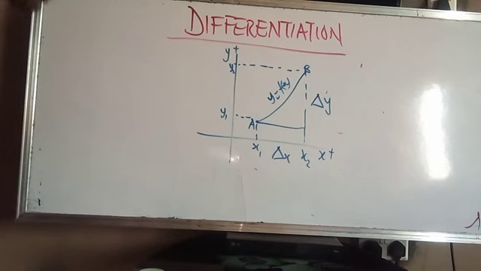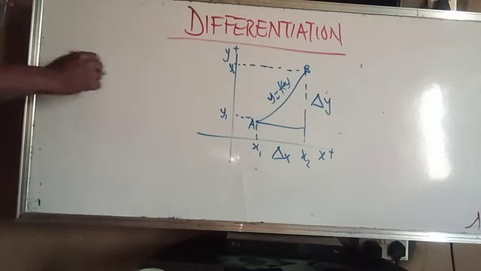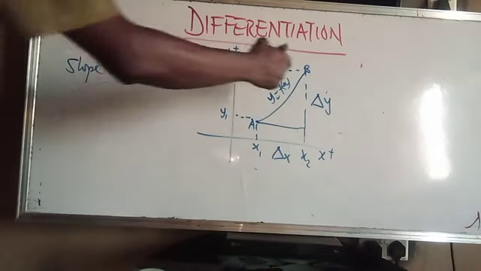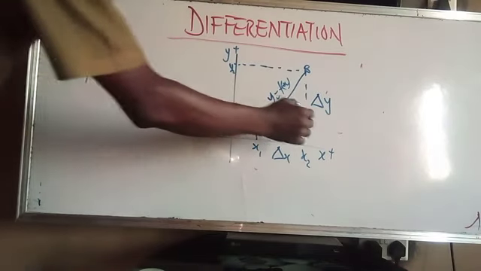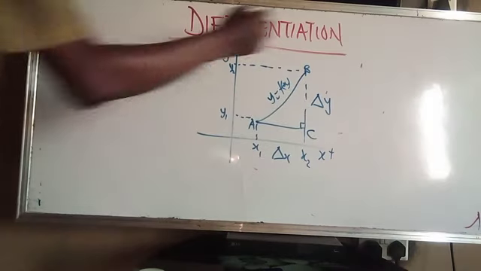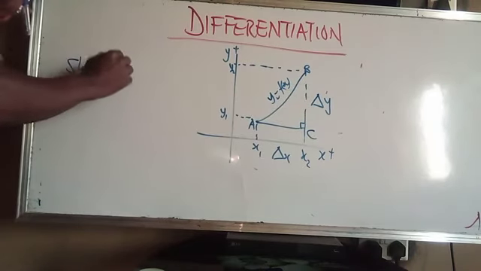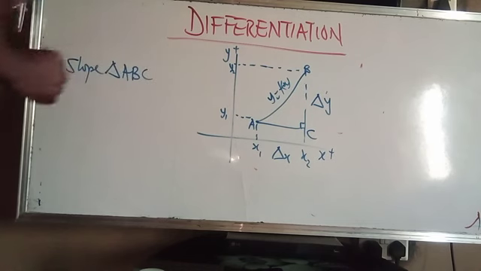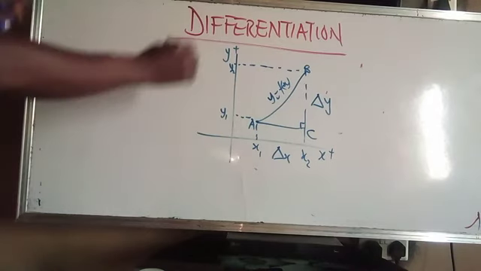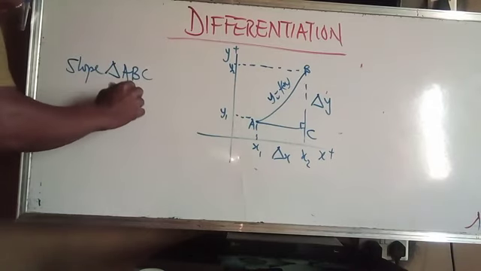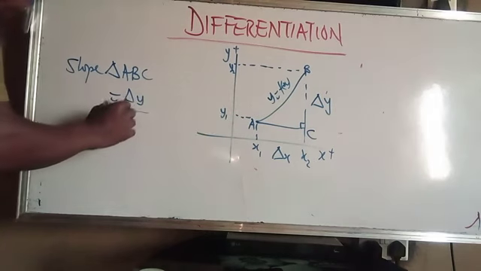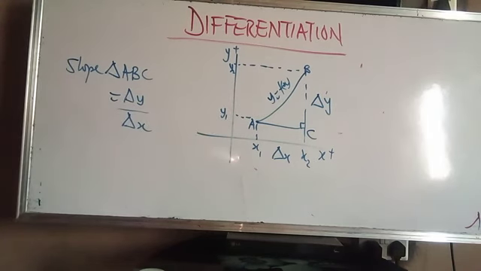Now, the slope, which we are familiar with, let's say the slope of the triangle ABC, that's the gradient, can be defined as the rate of change of y with respect to x.